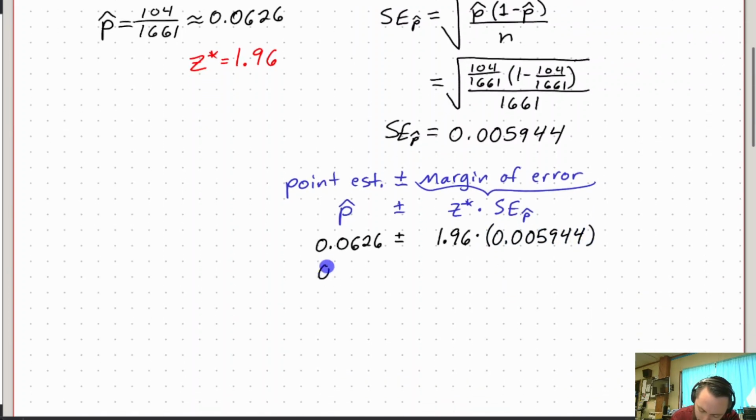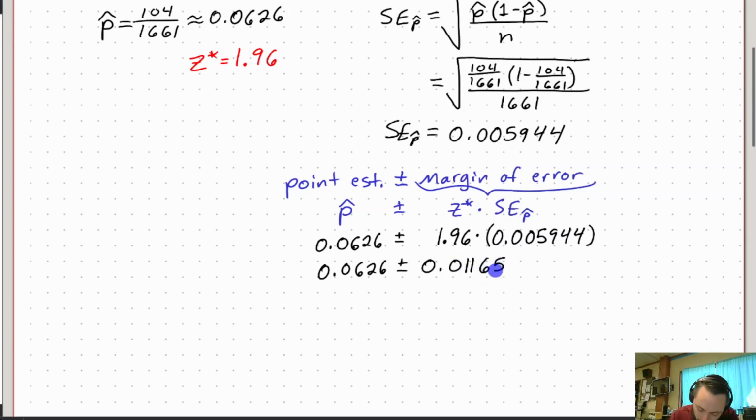Simplified again a little bit, our margin of error becomes 0.01165.